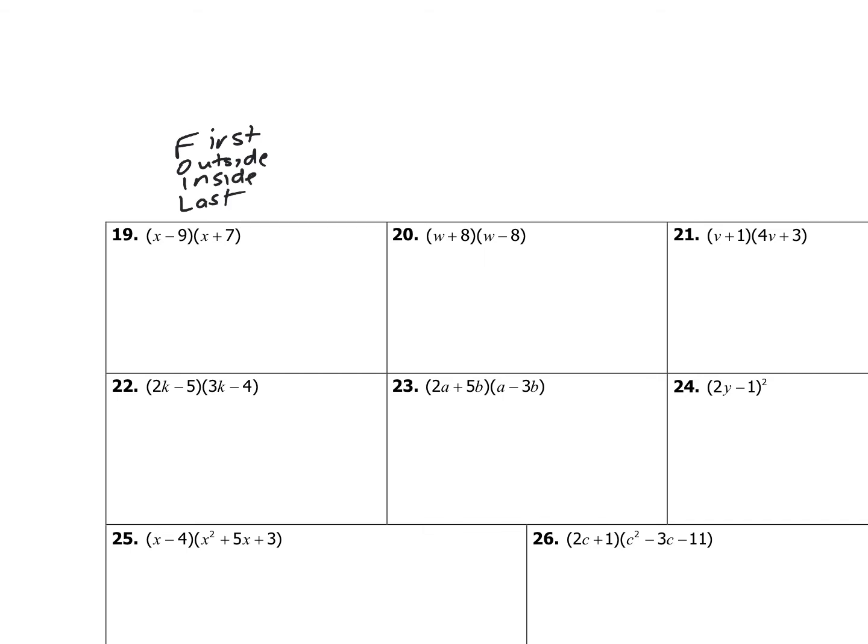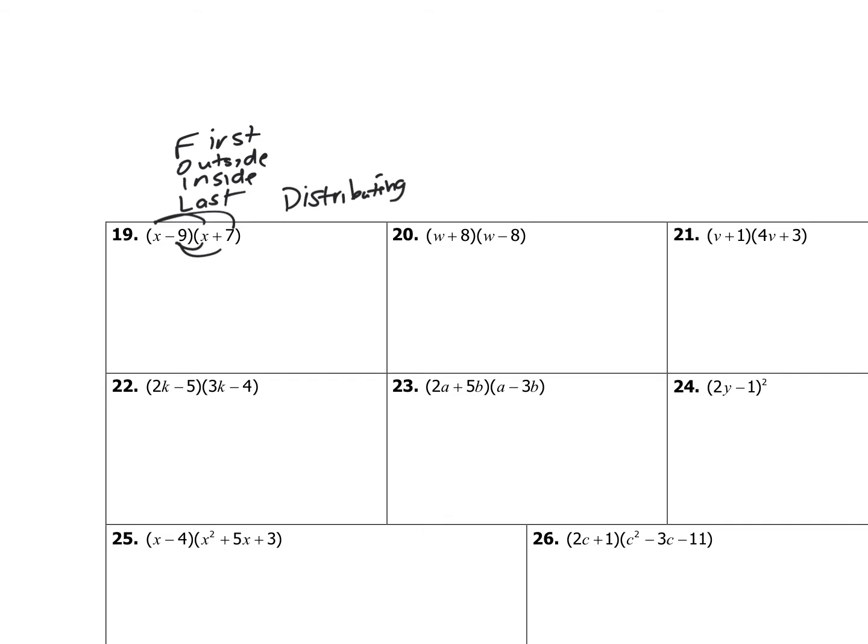But what I really want you to think about is just distributing. So we're going to distribute this first number to everything in the second parentheses, and then we're going to distribute the second number to everything in the parentheses. And it's that simple. It's really not any harder than that.